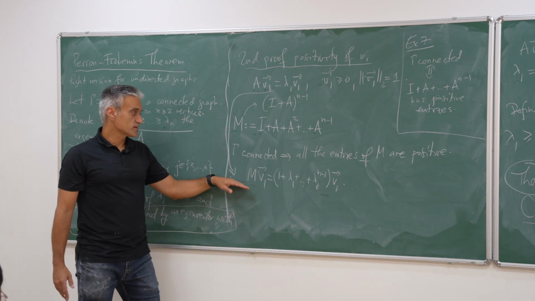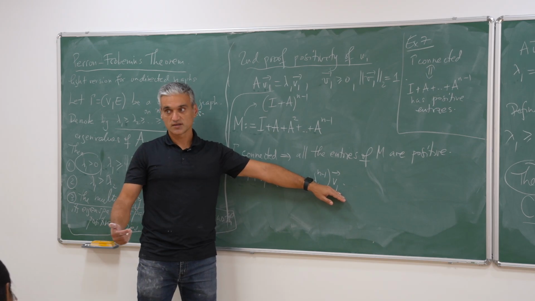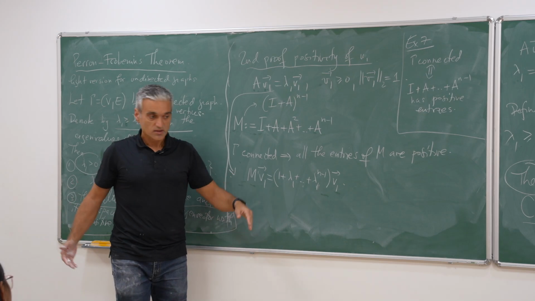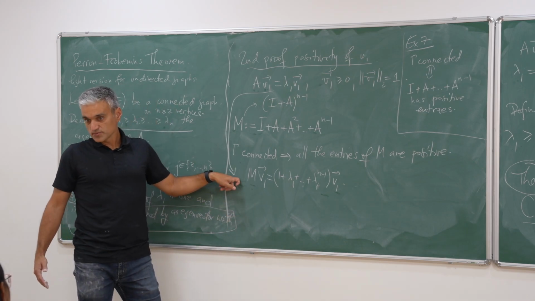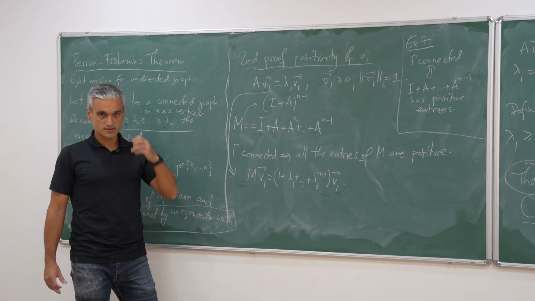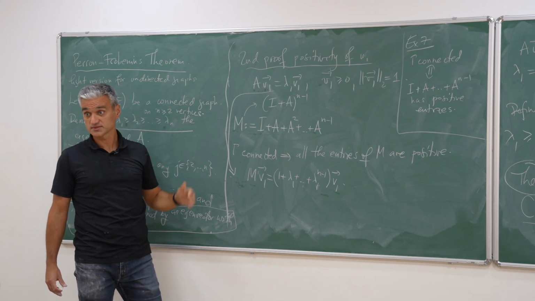On the other side, what are you going to get? Well, if this entry is 0, my vector V1 cannot be the 0 vector, so there's something outside of it that is non-zero, and it's going to meet an entry from M, which is also positive, and it is going to burst into flames and go. So that's the proof. That's a different proof of this.